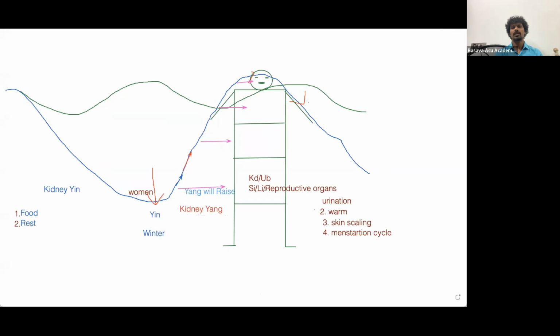Primarily in the lower abdomen, it is responsible for warming the feet and the skin, the menstruation cycle and urination. And it is also responsible for male fertility.